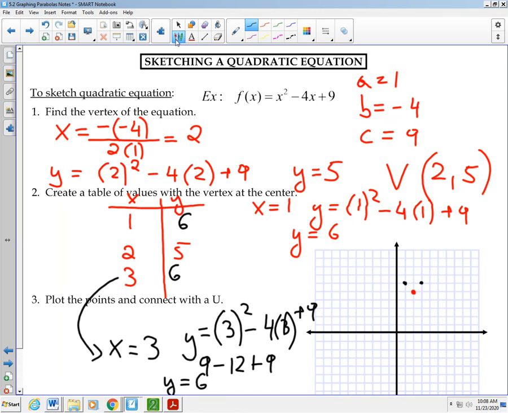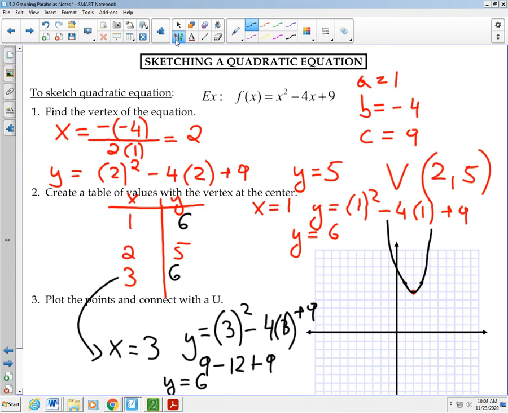But when you connect it, please draw U letter. It's not V. So your graph will look like this. And the axis of symmetry, if you are asked to do the axis of symmetry, it always goes through the vertex. So that'll be x is equal to 2.